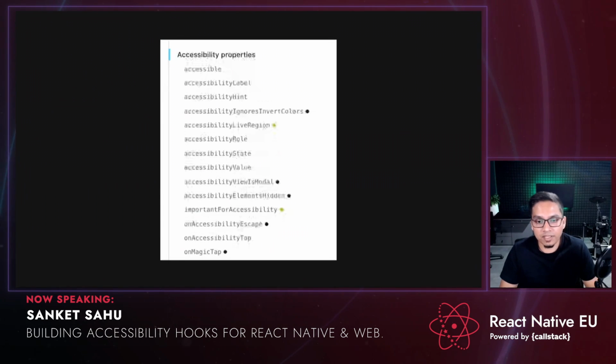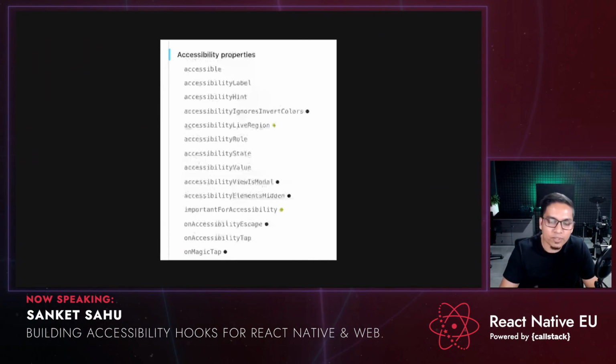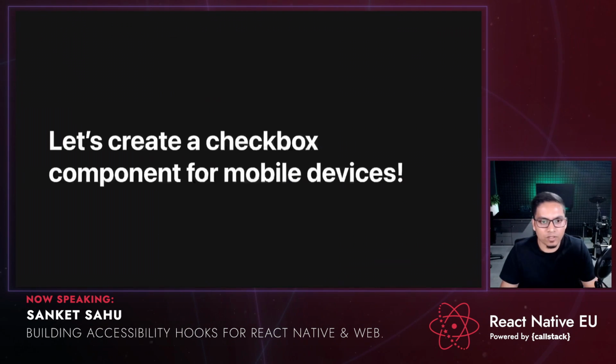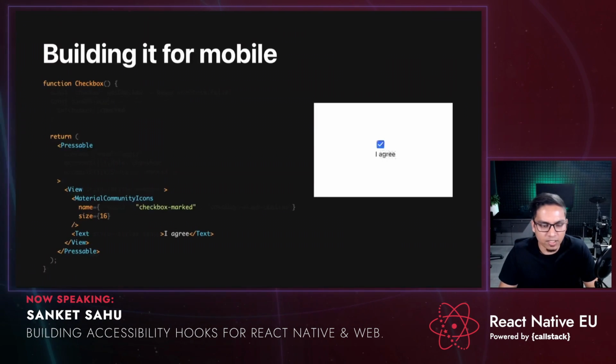Apart from these three, there are other really important ones, and the black ones are supported on iOS, whereas the green ones are for Android. So let's create a checkbox component for mobile devices. Standard React Native will use the Pressable component. We'll create a nested View inside that and add some text.